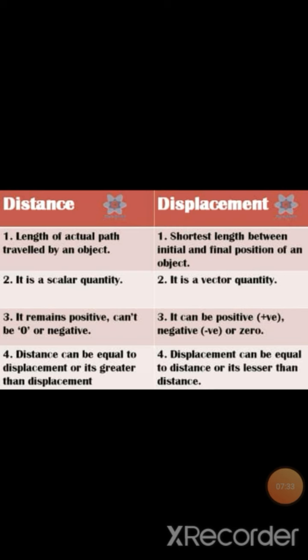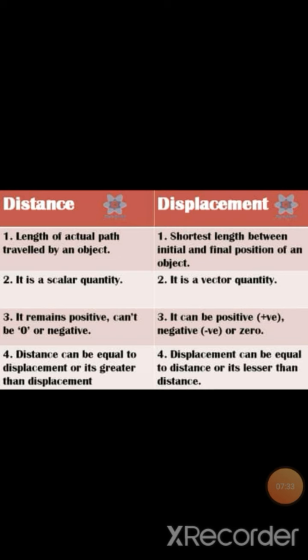Now we can say that the distance will always be positive. It can never be negative or 0. But displacement can be positive, it can be even negative or 0.